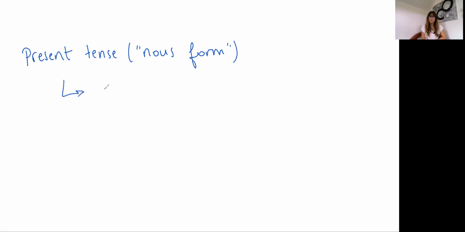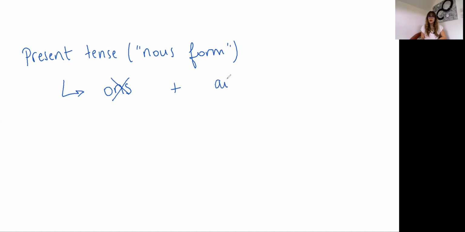To build the imperfect, you're going to take the nous form of the present tense, and then you remove the ons ending, the ending of the nous form, and you add your new endings. So if you have a look at my whiteboard here, you take the present tense, the nous form. Then you remove the ons ending, and you add the endings of the imperfect.